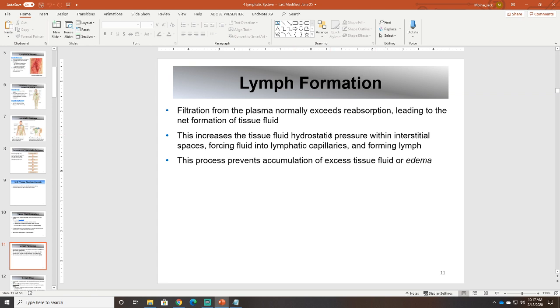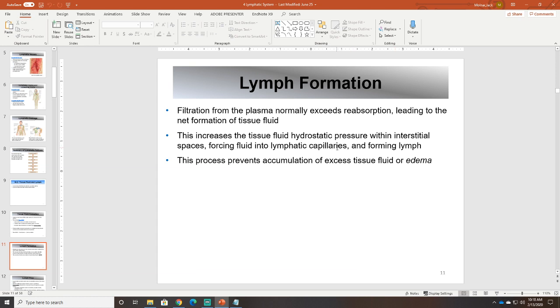In other words, as fluid accumulates in the tissues, the hydrostatic pressure in the tissue increases. Once the hydrostatic pressure in the tissue is high enough, the fluid will flow into the lymphatic capillaries, and the fluid, once it's in the lymphatic capillaries, is called lymph.